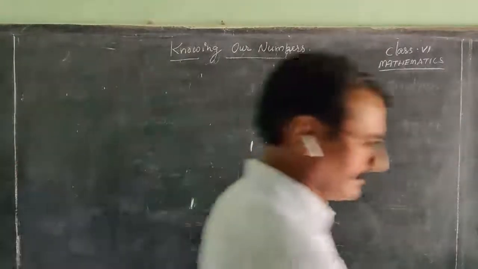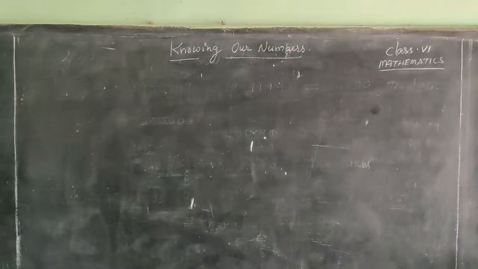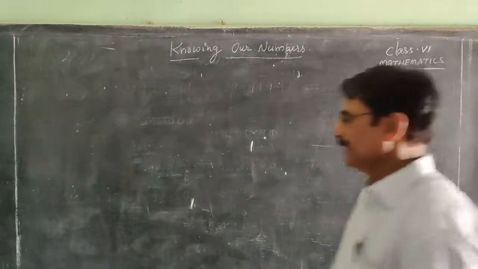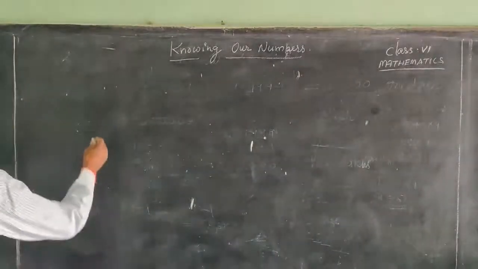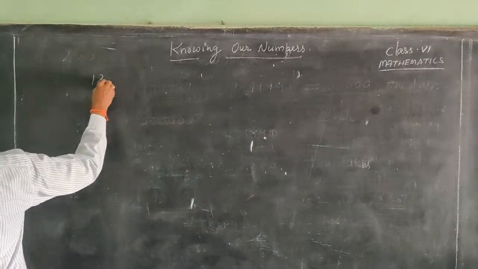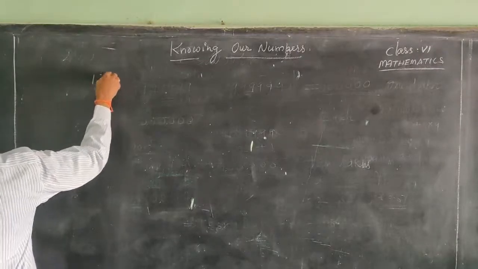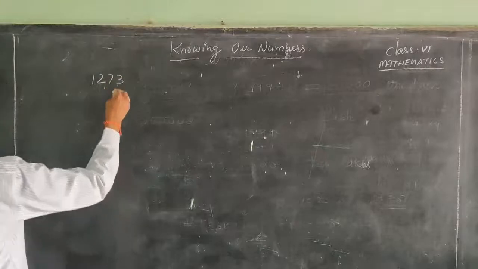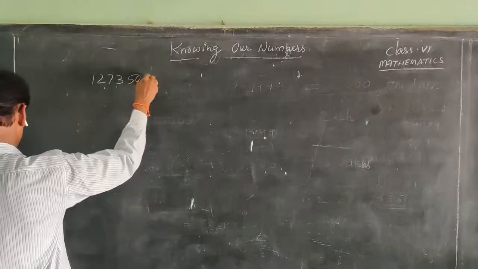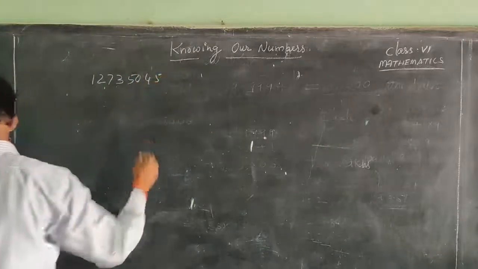For example, one of the examples from here: 1, 2, 7, 3, 5, 0, 4, 5.